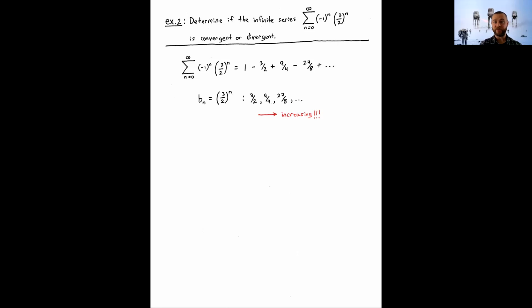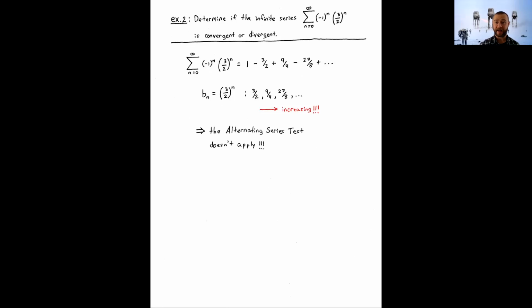And what that would mean is that one of the conditions for the alternating series test, the second condition, that b sub n has to be decreasing, is not met. And all that says is not necessarily that our infinite series is divergent, it just means that since one of the conditions isn't met, we can't apply that test. So the alternating series test doesn't apply.